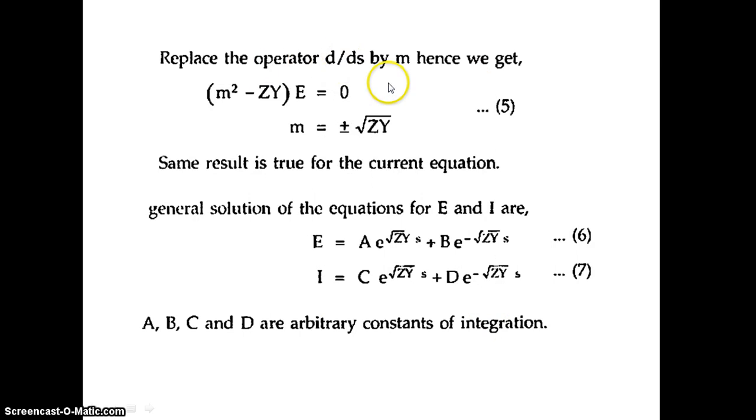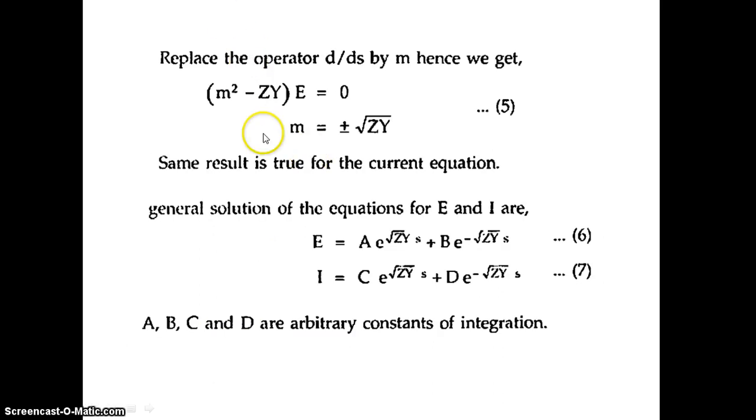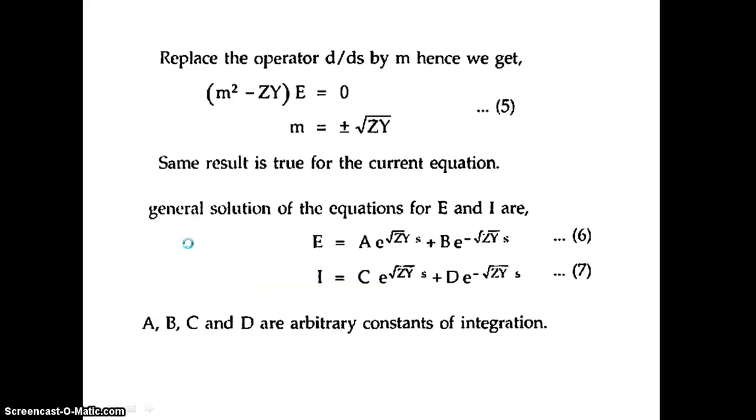Replace the operator d by ds by m. So we have m square E equal to Z EY. Bringing this to this side, we have m square minus ZY into E equal to 0. The solution for this is m square equal to ZY, and m equal to plus or minus root ZY.